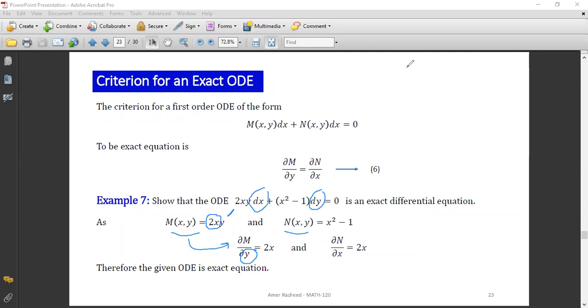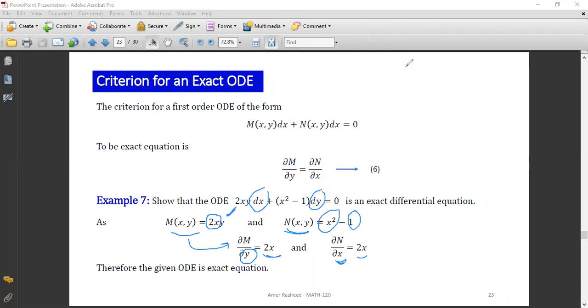So the y derivative is 1, so we get 2x. Similarly, while taking the partial derivative of N with respect to x, you consider only x to be a variable. All other variables will be considered as constant. So the derivative of x squared is what? 2x, and the derivative of 1 is 0 because it's a constant.